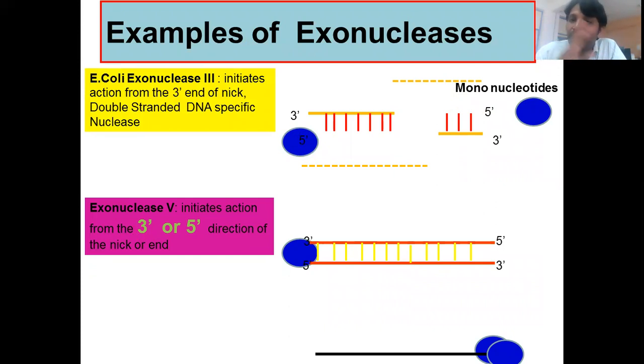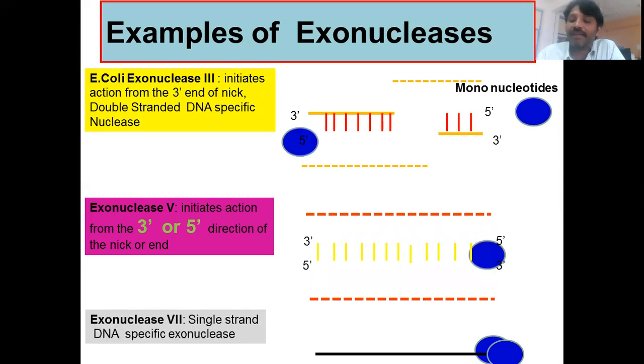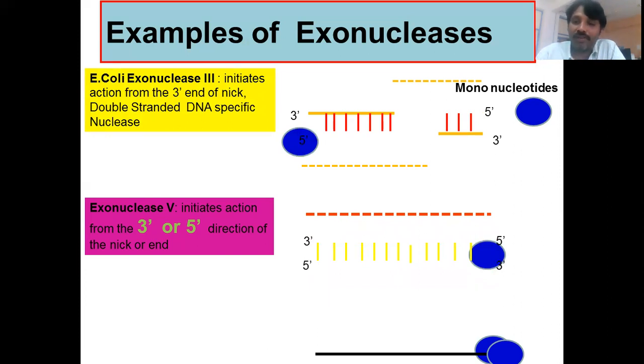It's not specific; it can initiate its activity from either the 3' or 5' direction. Here you see the first one can act from either side. So this is exonuclease V.